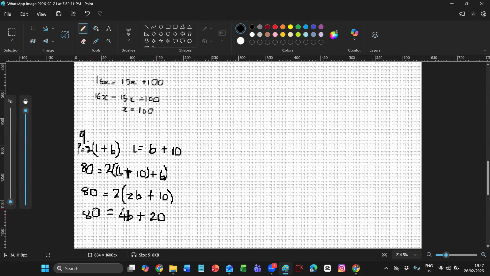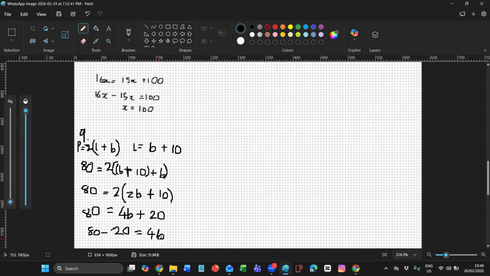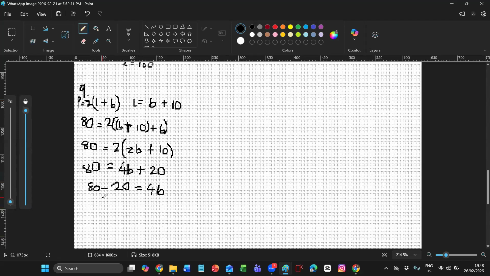At the end of the day, we'll find the breadth, and then we'll find the length from there. So what do we do at this point? We'll bring over the 20, and we have 80 minus 20, which is equal to 4B. 80 minus 20 is 60, and 60 is equal to 4B.